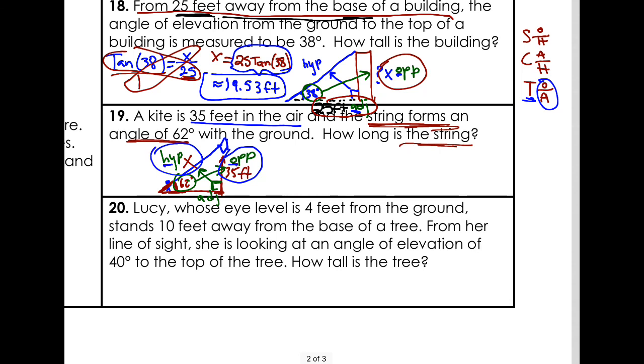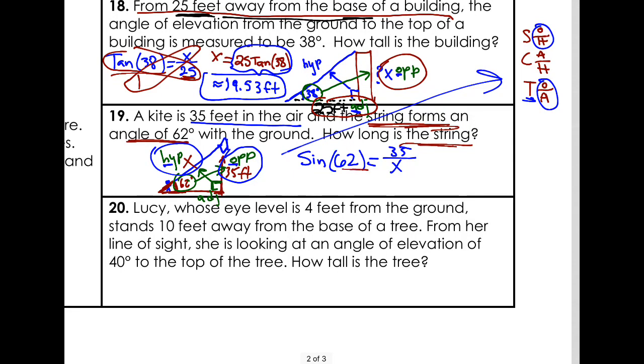Opposite and hypotenuse is sine. So we're going to set it up using sine. Sine of the angle is equal to opposite on top, so the 35, over the hypotenuse on the bottom, which is x.